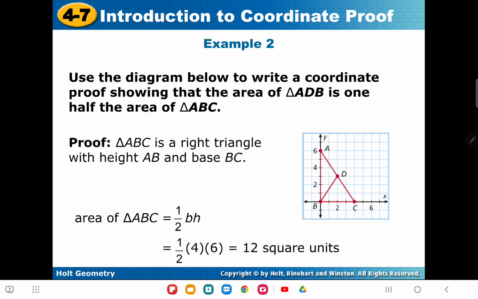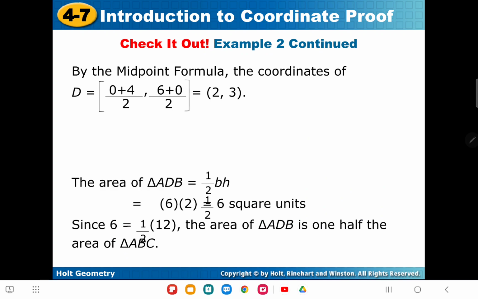Now we're given that ABC is a right triangle, height AB, and base BC. The coordinates of D are at 2, 3. So keeping in mind that we had this previous triangle, it's 4 by 6, this at 2, 3.